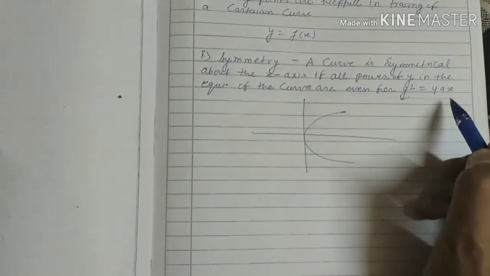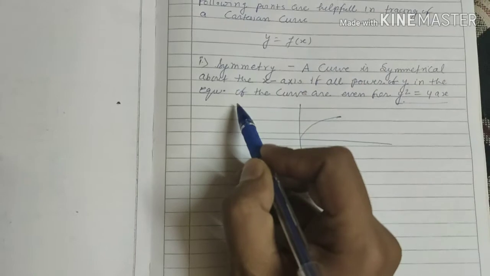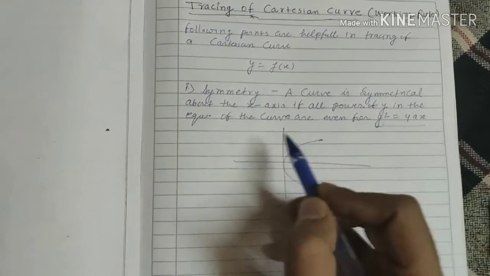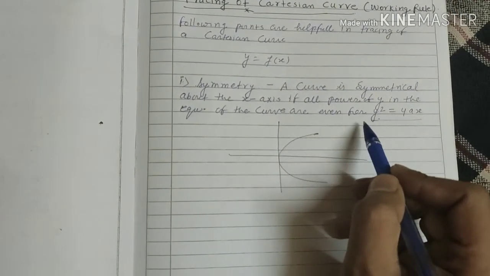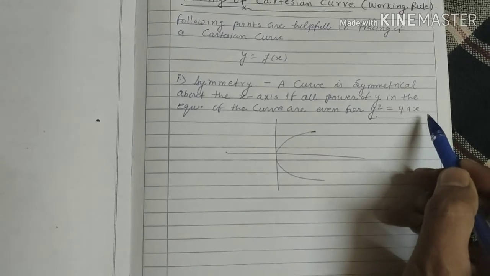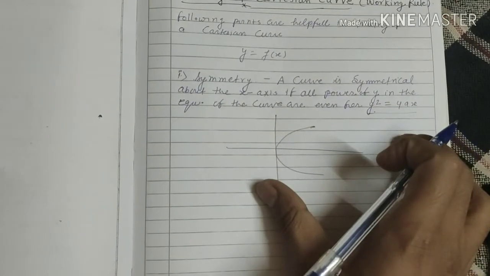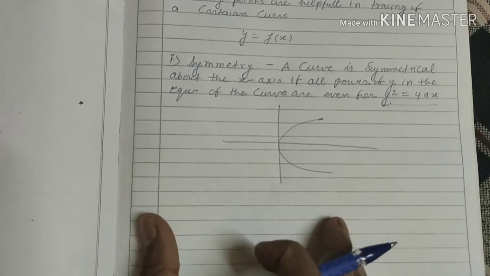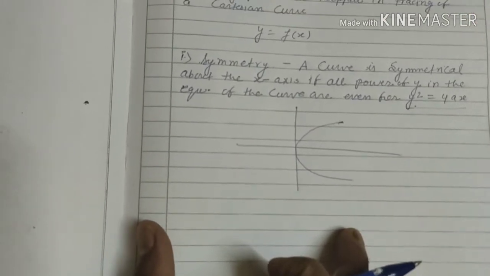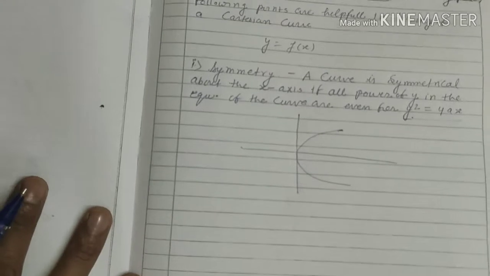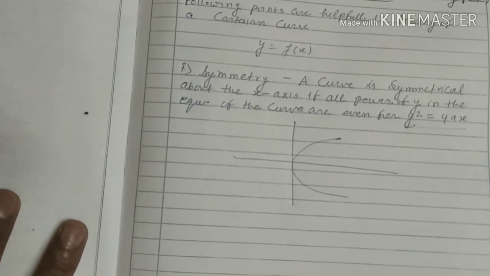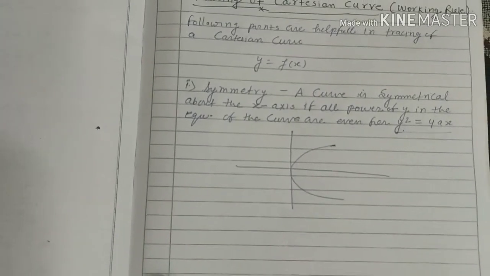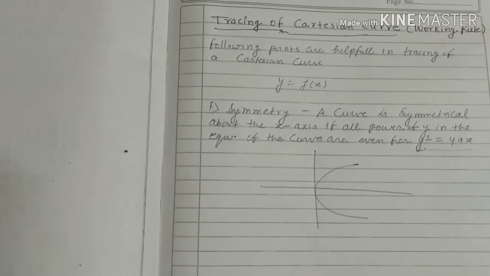This is the equation of a parabola. In symmetry there are 4 points which are given for determining the symmetrical criteria.